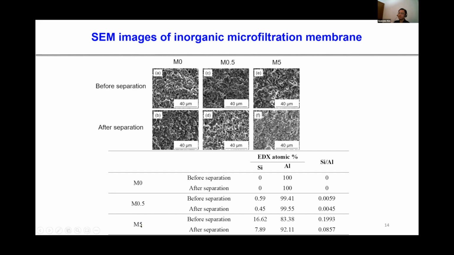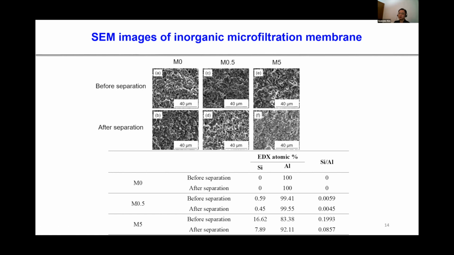However, the M5 membrane has more silicon nanoparticle incorporation. There is a huge reduction. Before separation, 16.6%. After separation, 7.9%.